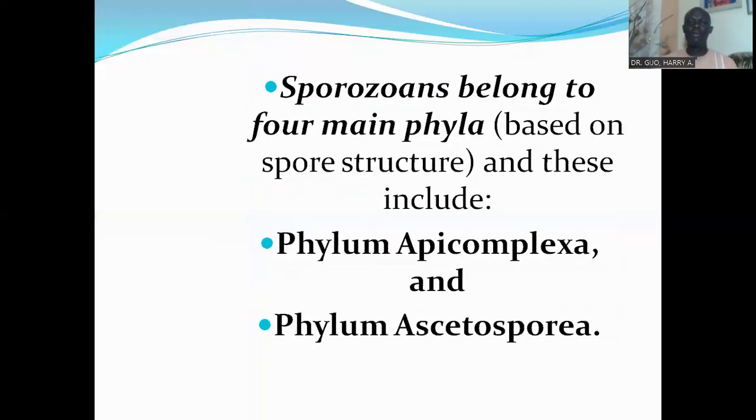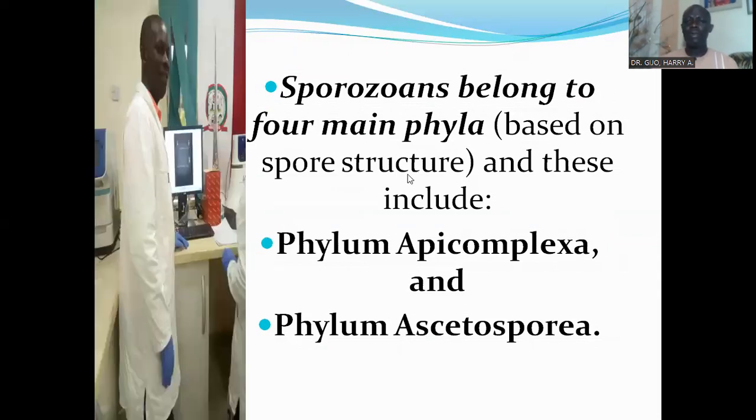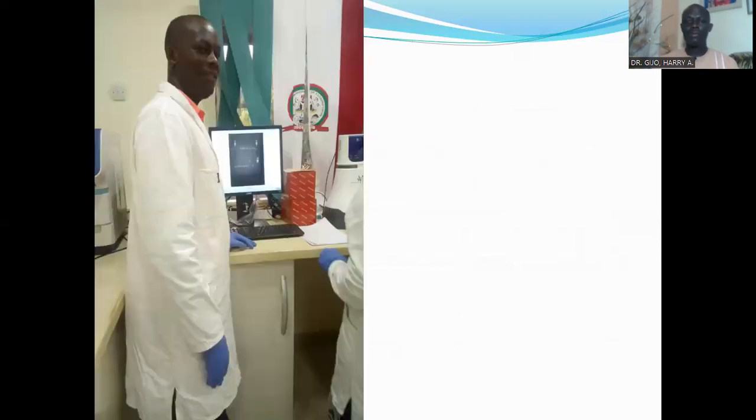Sporozoans belong to 4 main phyla, but 2 will be discussed now: the phylum Apicomplexa and the phylum Ascetospora. The remaining 2 were later classified into other groups.